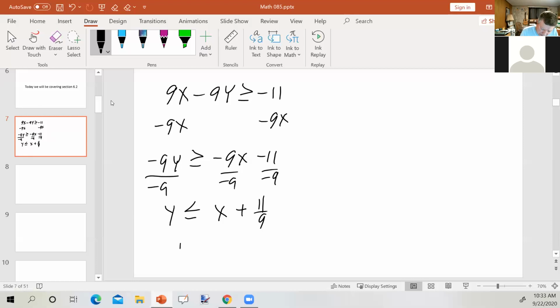So what we've got here is a slope of 1 because the coefficient of x is 1 and a y-intercept of 11 ninths. And my suspicion is that's where the problem came in. All right, so I'm going to take that information and I'm going to stop sharing and go back and share.